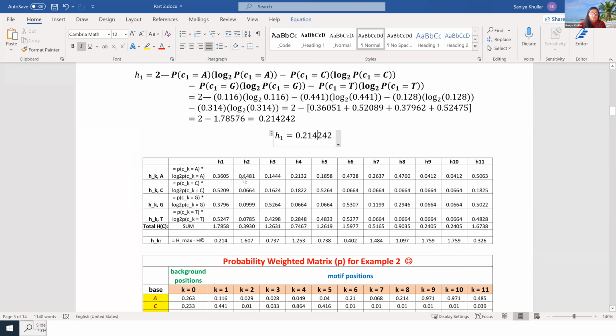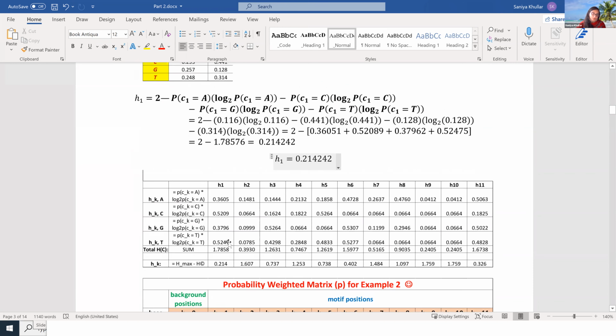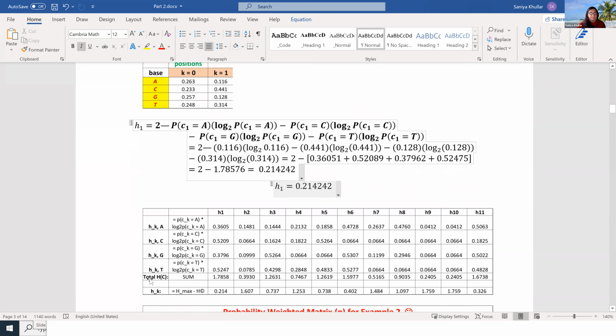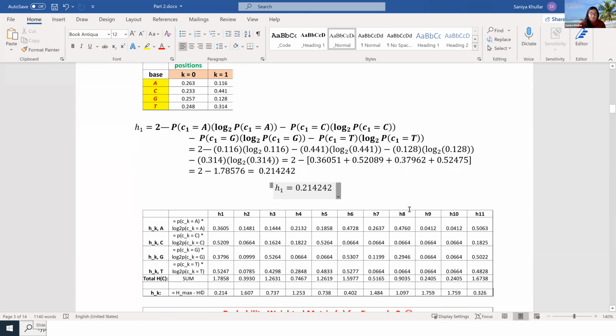If you do this in Excel, this part is going to give you, and this is another way to see how you could set the same formula up in Excel. You would say this part here is going to be the same thing as HK comma A, which is H1 comma A. So that's this height.